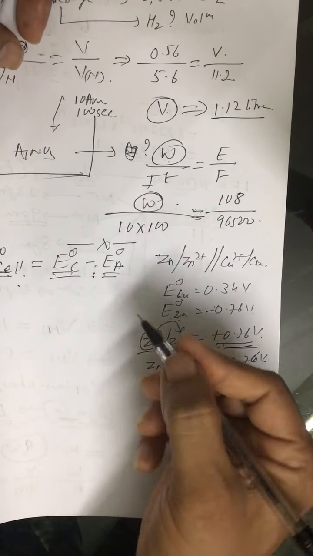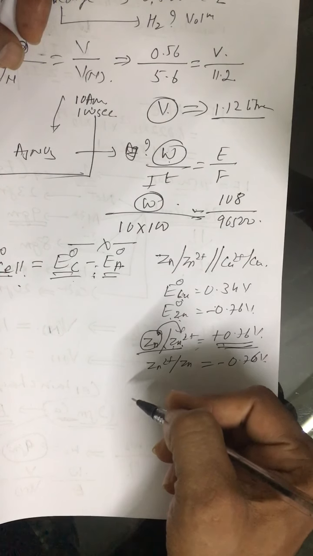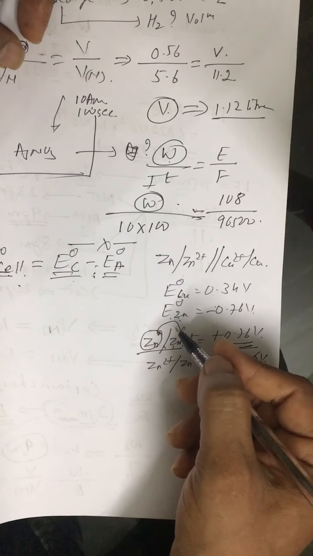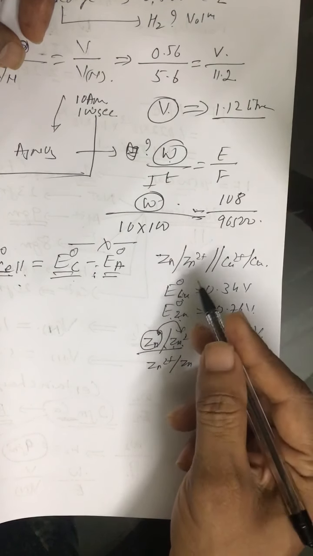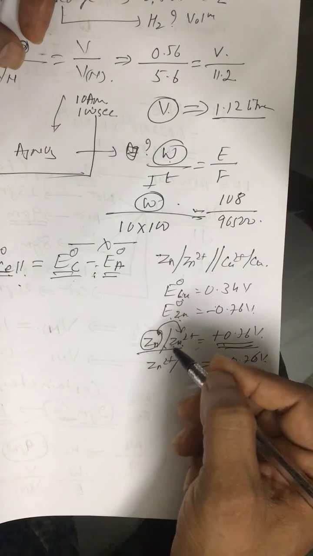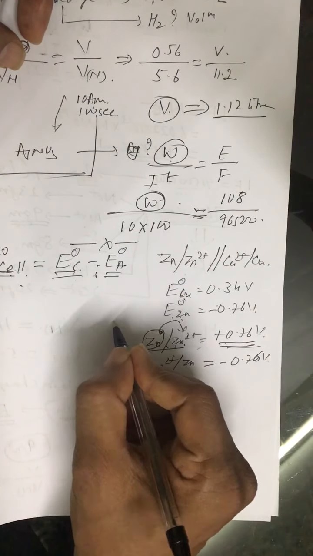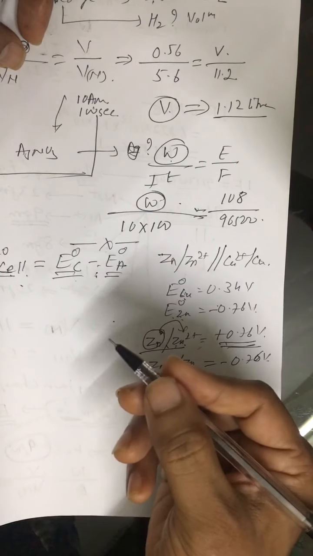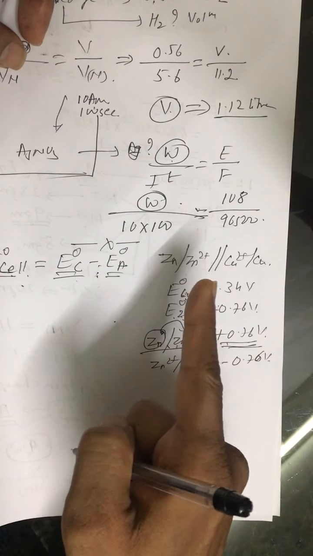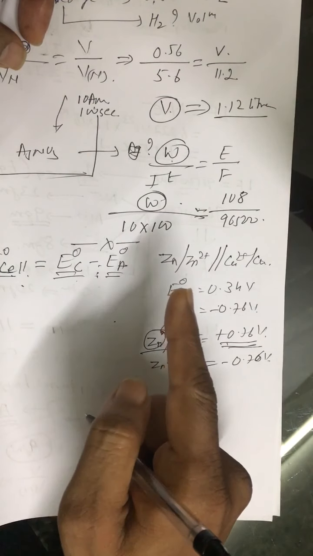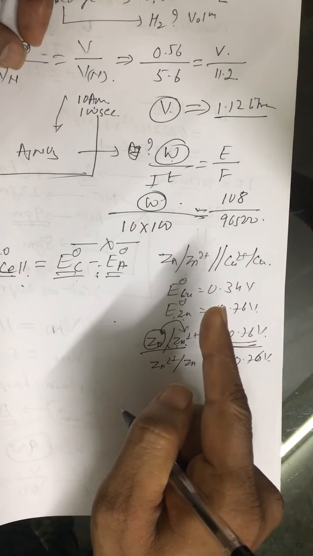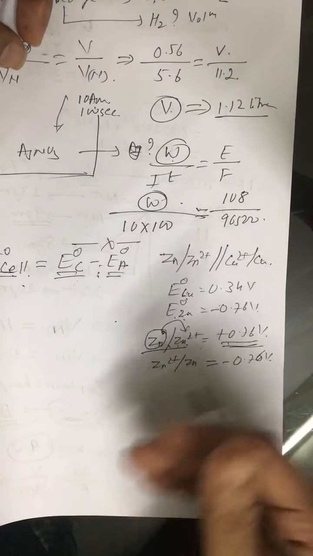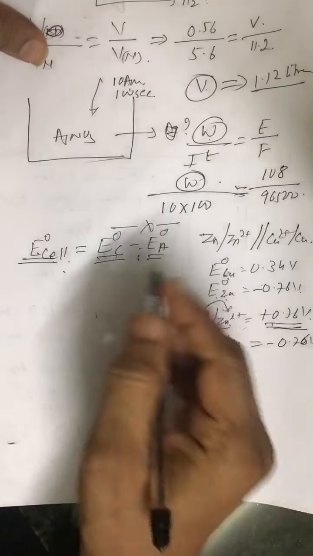Or just remember, if you remember the electrochemical series in redox, when we discussed redox, I told you how to remember that series. So the elements which are placed above hydrogen have negative E0 value, and the rest, below hydrogen, have positive value.